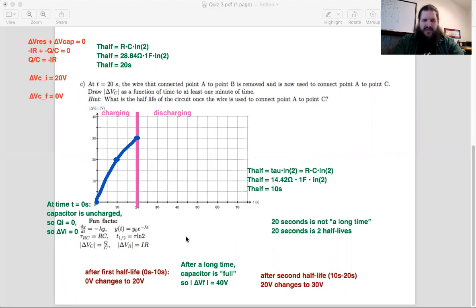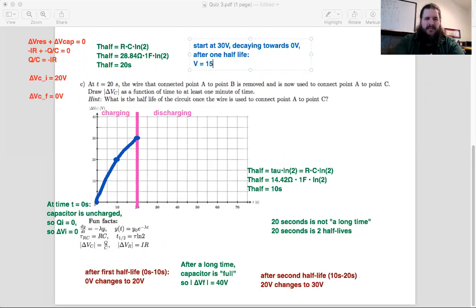And then for the discharging process, we now have 20 seconds as the half-life. So it takes 20 seconds to decay halfway. And since it's starting at 30 and dropping from there, what would be halfway towards the asymptote? If you start at 30, decaying towards 0, after one half-life, what would be halfway from 30 towards 0? 15.